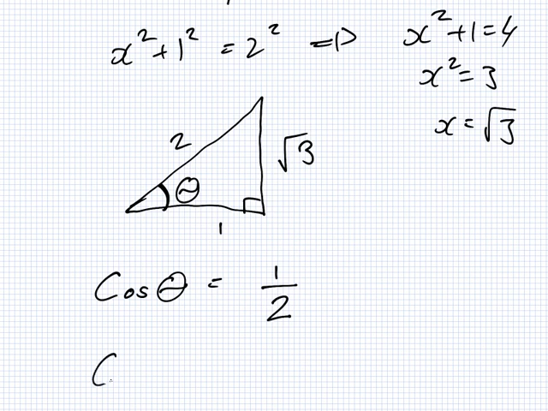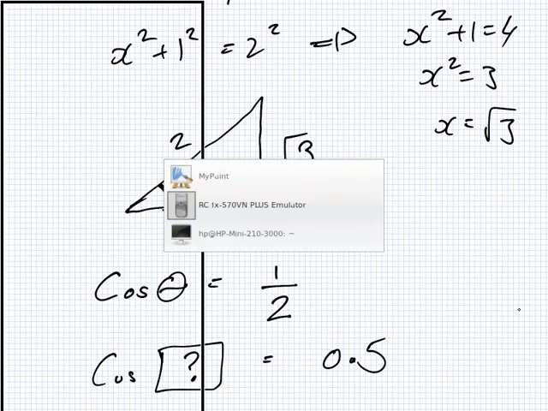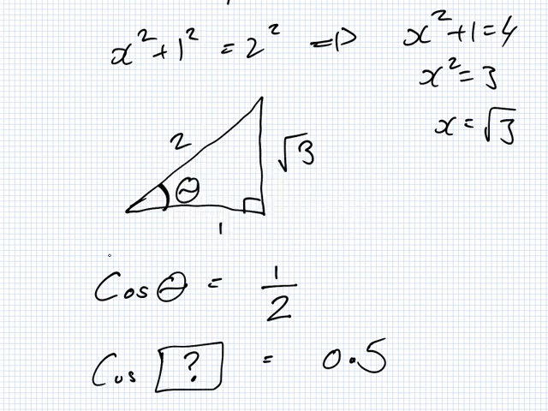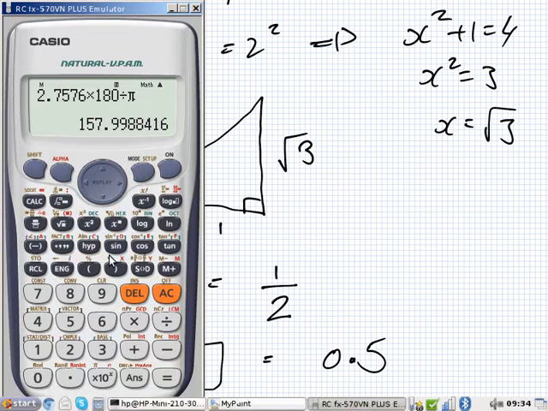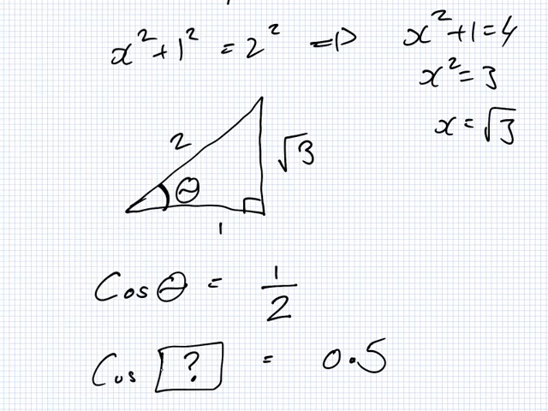So we need to know cos of what angle equals 0.5. We have a way to find this on the calculator. If I can show you. If we want the calculator to tell us what is the missing angle, we have to press Shift Cos, 0.5, and we get.